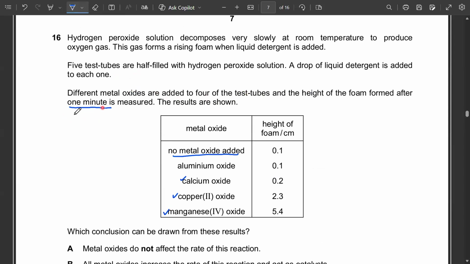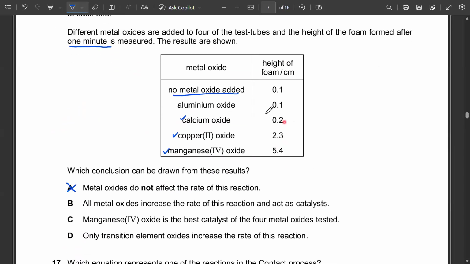So the rate is definitely affected by the presence of these metal oxides. So option A becomes incorrect. They are different heights. Although there is no difference between aluminum oxide and no metal oxide, for the other metal oxides there is a difference.